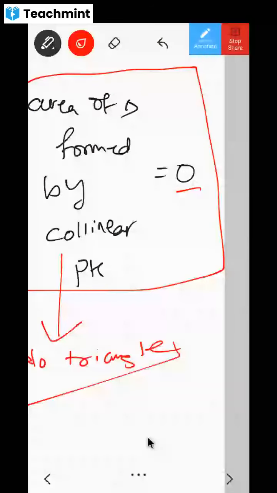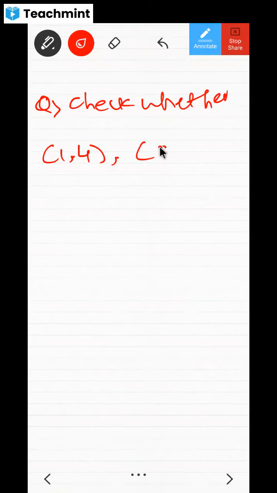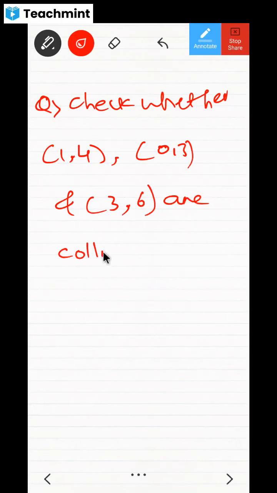If somebody asks you a question like this, check whether (1, 4), (0, 3) and (3, 6) are collinear or not, this kind of question will be asked for 3 marks.